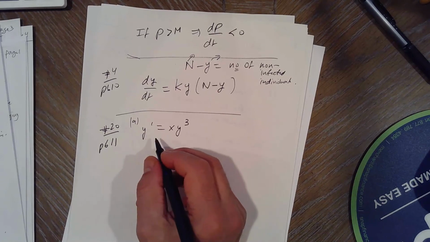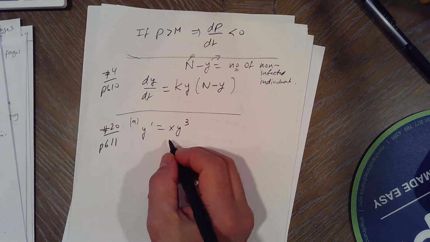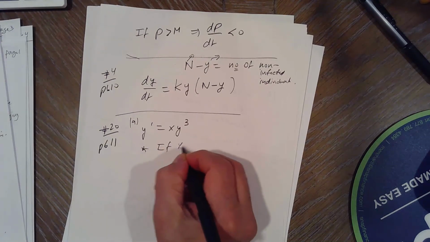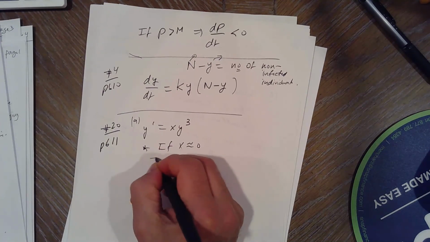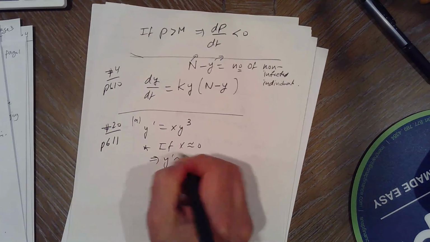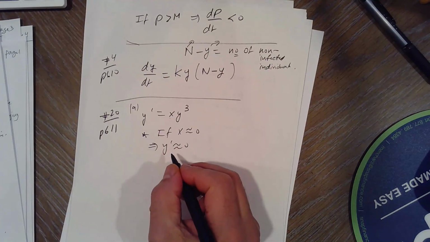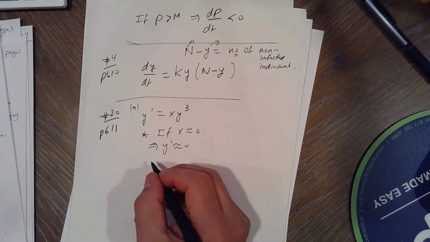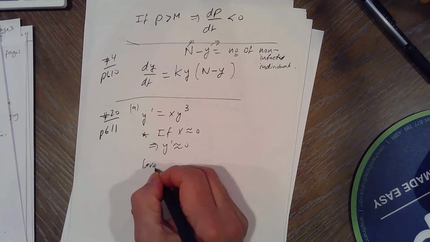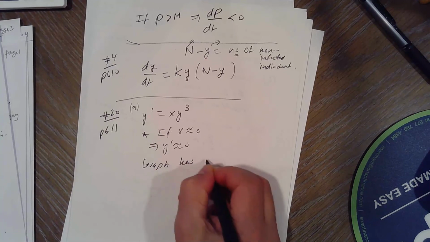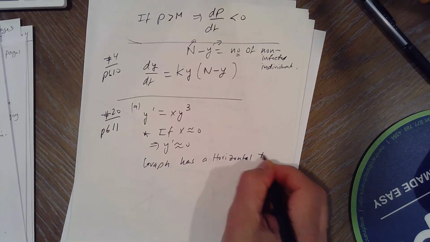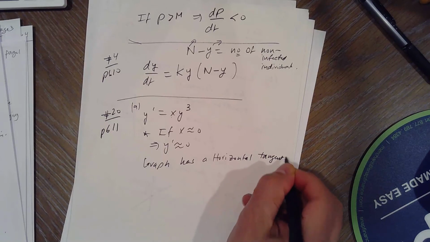First, if x is close to 0, that means y prime is close to 0, right? 0 times y cubed, which means the graph has a horizontal tangent line. We know that from basic algebra. So nothing fancy here.